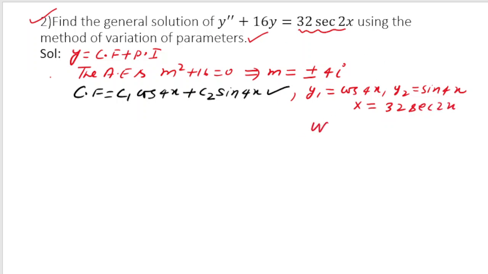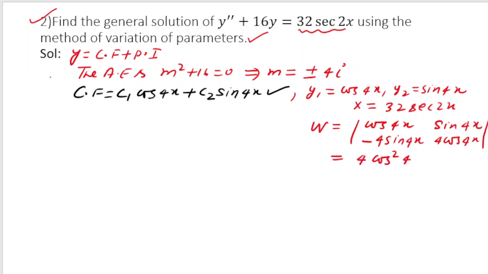We need W, the Wronskian, so W of y1 and y2. y1 is cos 4x, y2 is sin 4x. The derivative of cos 4x is minus 4 sin 4x, and the derivative of sin 4x is 4 cos 4x. If you do the computation, it will give you 4 cos square 4x plus 4 sin square 4x.